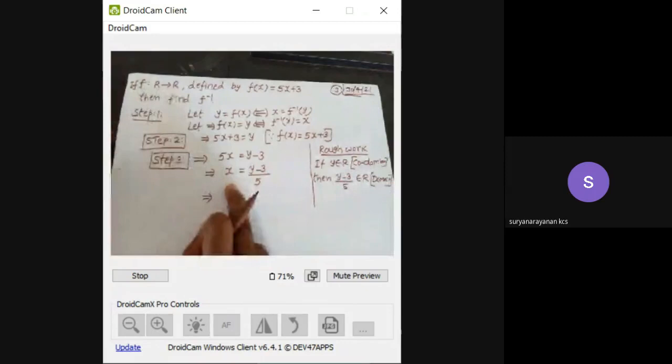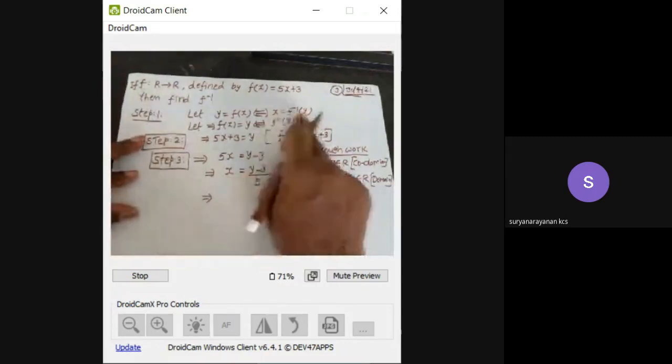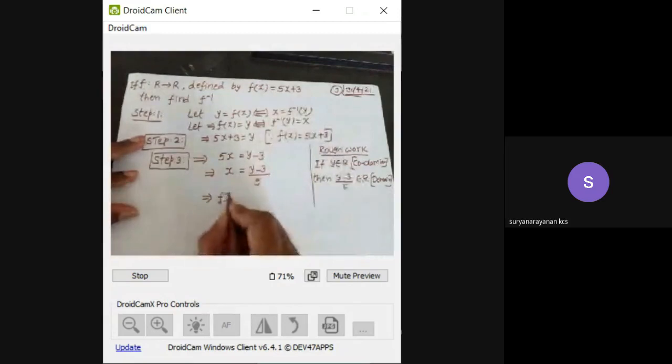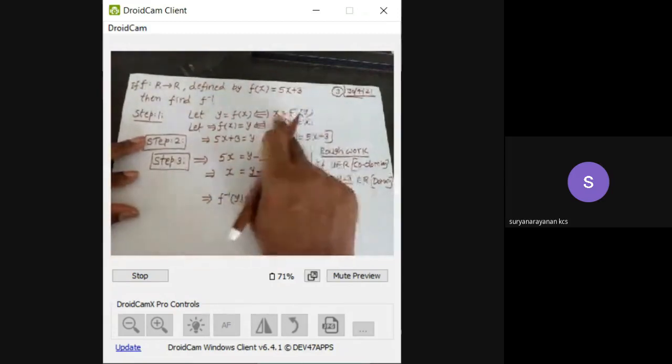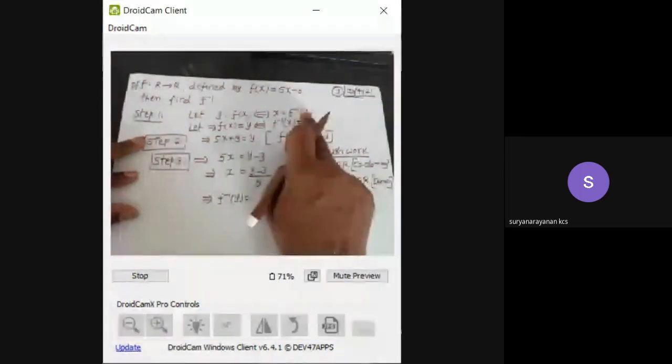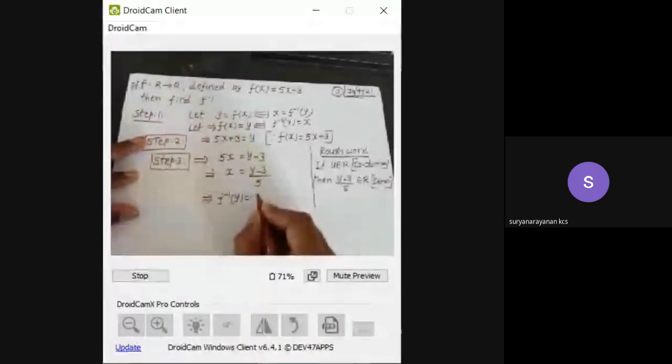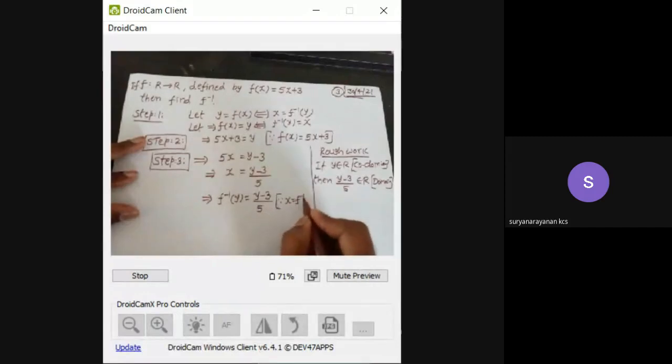So what is meant by x here? f inverse of y. We are writing this result, x is equal to f inverse of y. We are writing the x value, that is f inverse of y is equal to y minus 3 by 5, because x is equal to f inverse of y.